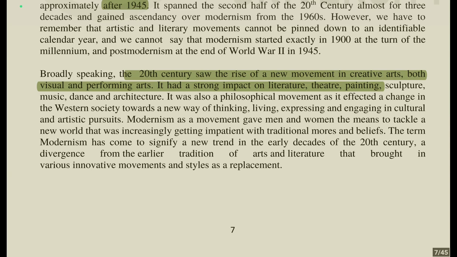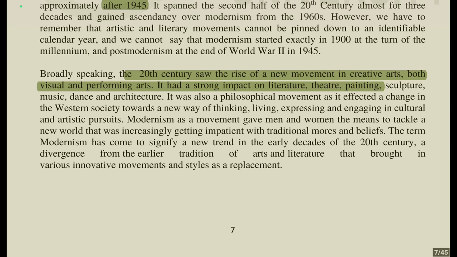Okay, so where were we? Yeah, the 20th century saw the rise. It had a strong impact on literature, theatre, painting, etc. So what it means here is that the 20th century saw the rise of a new kind of movement in the fields of both visual and performing arts. This movement also highly influenced literature, theatre, and painting.